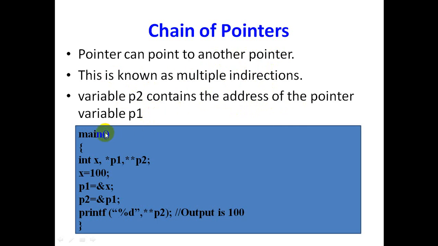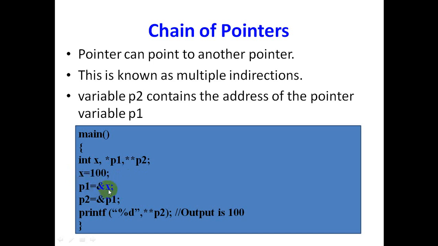Next we will see one small example program for that. Here I have taken a header file, which is compulsory for any C programming: include stdio.h. Next, the main function. Inside the main function I have taken three variables, where x is an integer variable and P1, P2 are pointer variables. I have assigned the value of x to 100 and P1 is equal to &x. What it means is that the address of x is stored in P1.